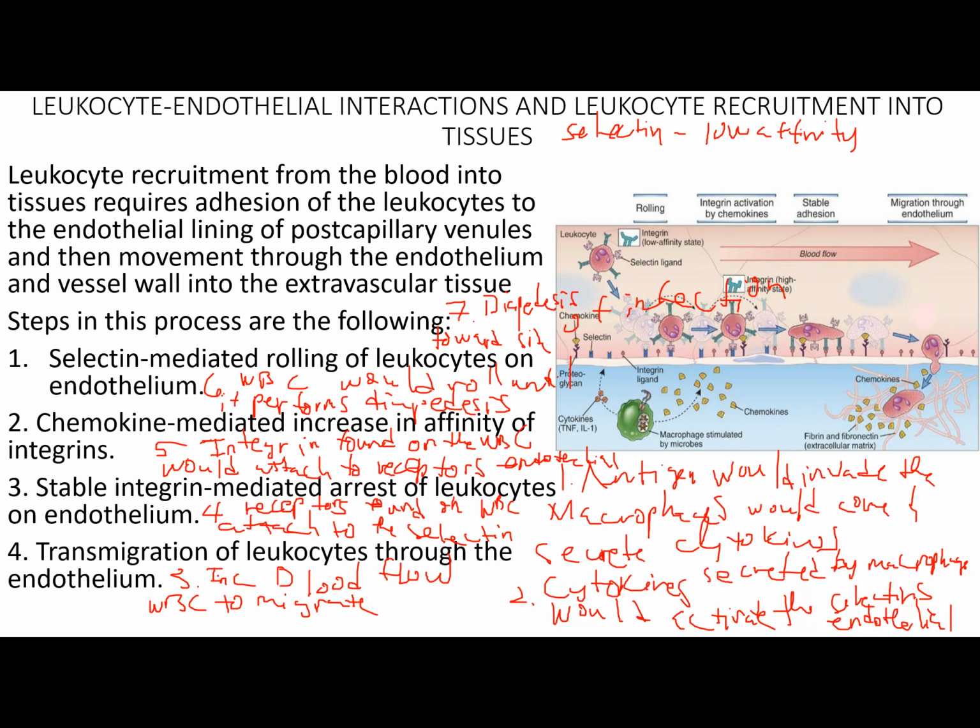Now, receptors found on the WBC attach to the lectin, specifically yung selectin na ligands ninyo. Now, when that happens, class, integrin found on the WBC would also attach to the receptors found on the endothelial. Dito ka na magkakaroon ng increased affinity. Mas malakas na yung attachment mo.